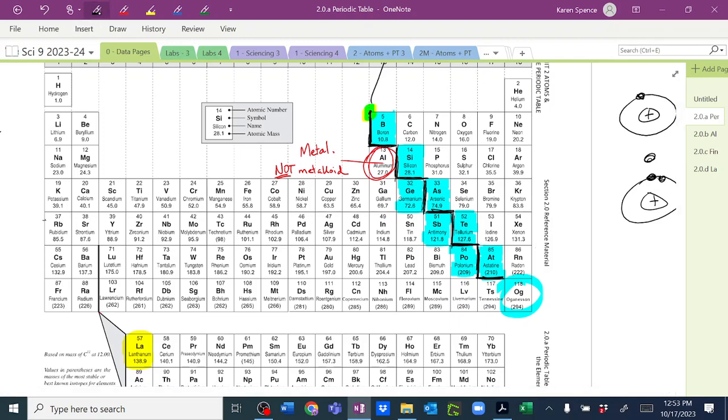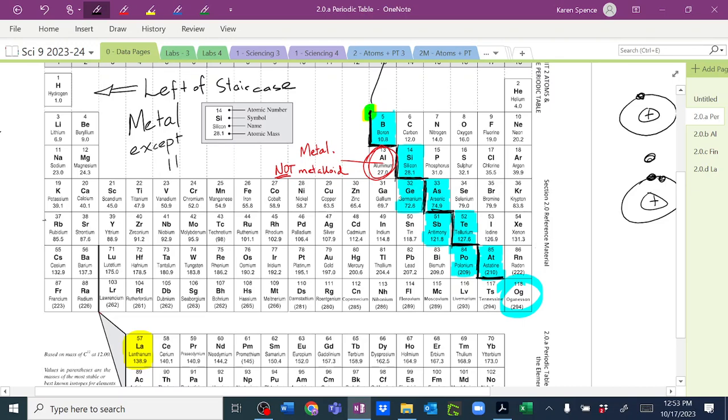Everything to the left of the staircase, so that's like this way. Everything to the left of the staircase is what type of element? Tell your partner. Everything to the left of the staircase is a metal. Except who?